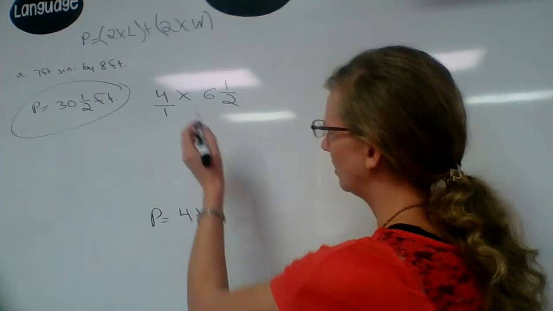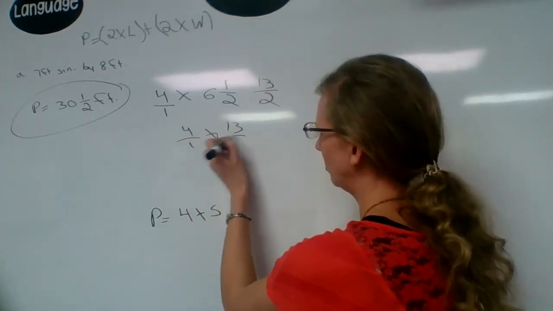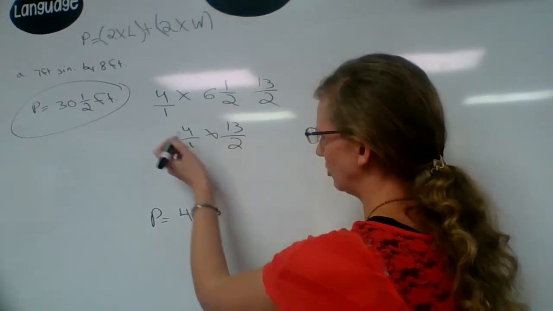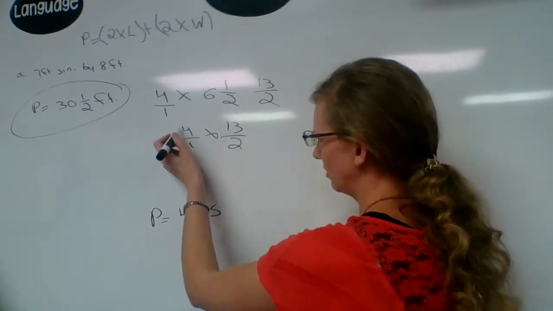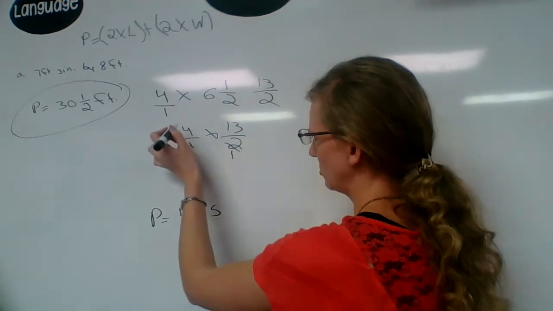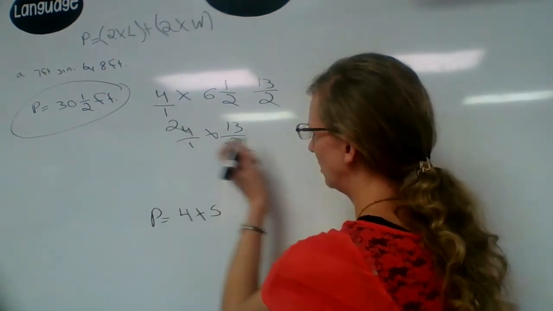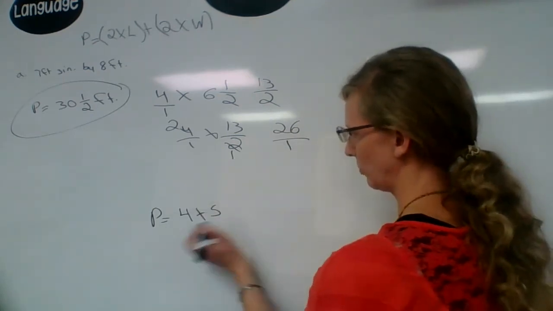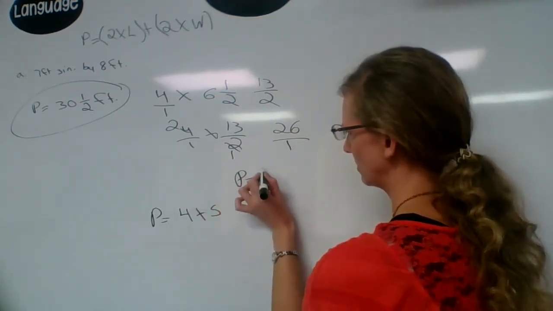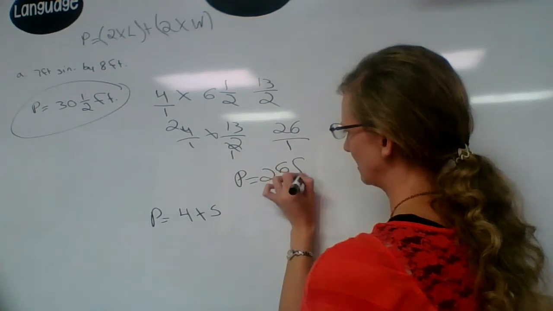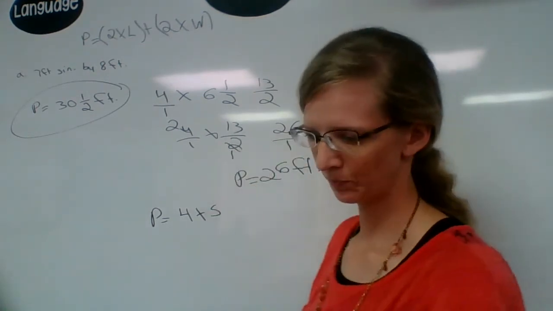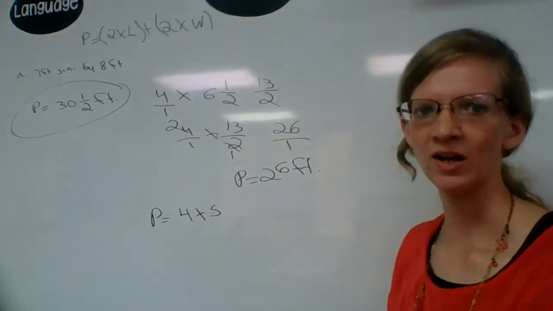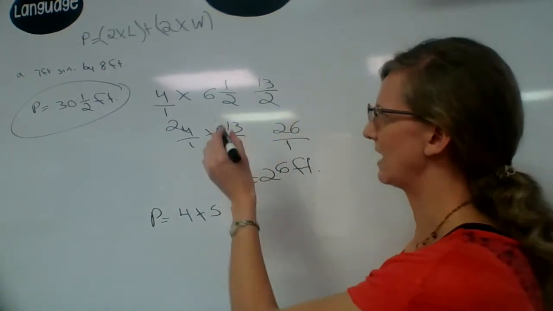So 4 over 1 times 13 over 2. And then you reduce, cross multiply. 2 goes into 2 once, 2 goes into 4 2 times. 2 times 13 is 26 over 1. So your perimeter equals 26 feet.